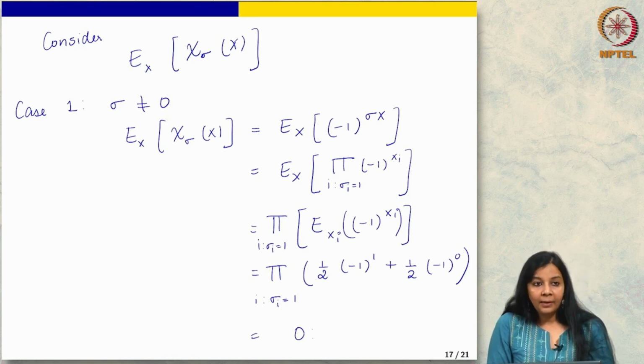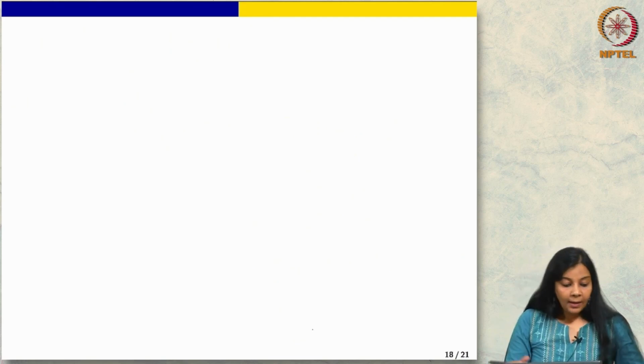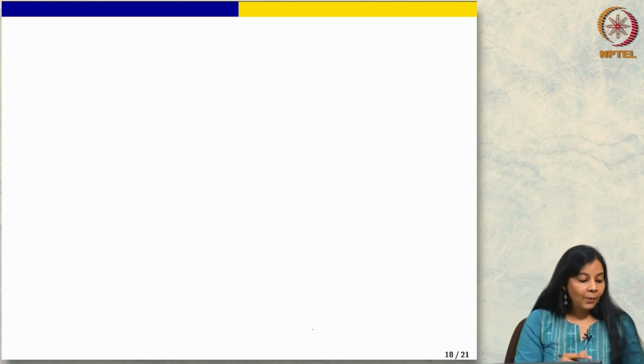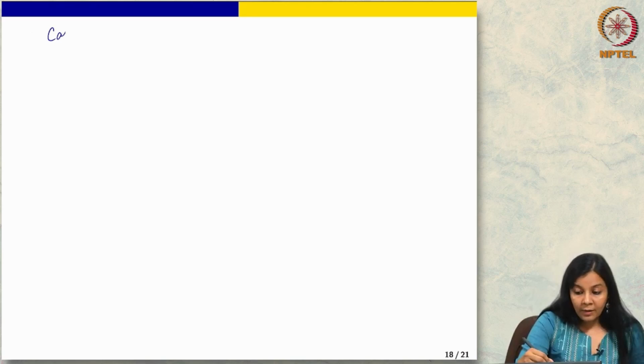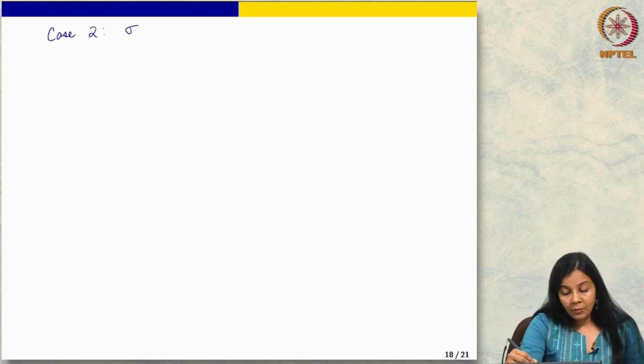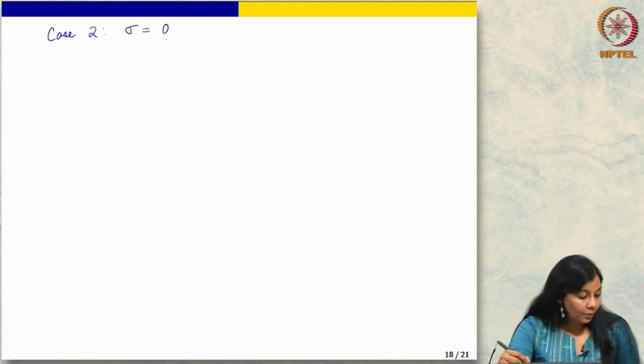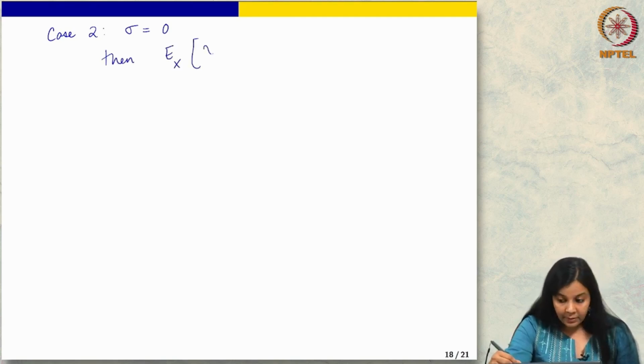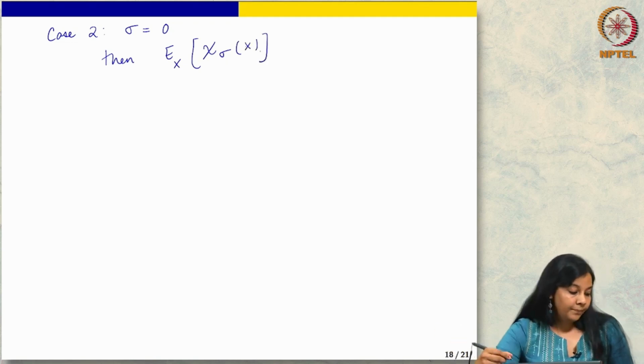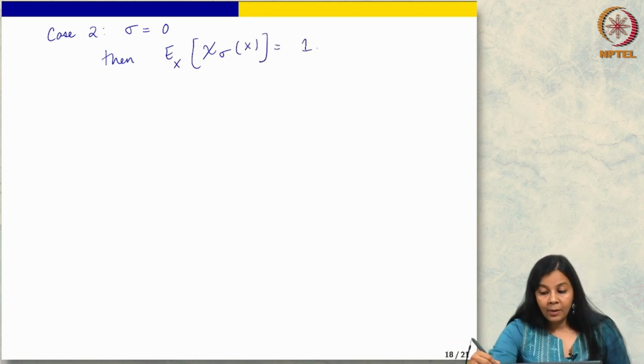Does everyone agree? Okay. And case 2 is quite easy. If sigma is equal to 0, then it is very easy to see that the expectation over x of chi sigma x is simply equal to 1.